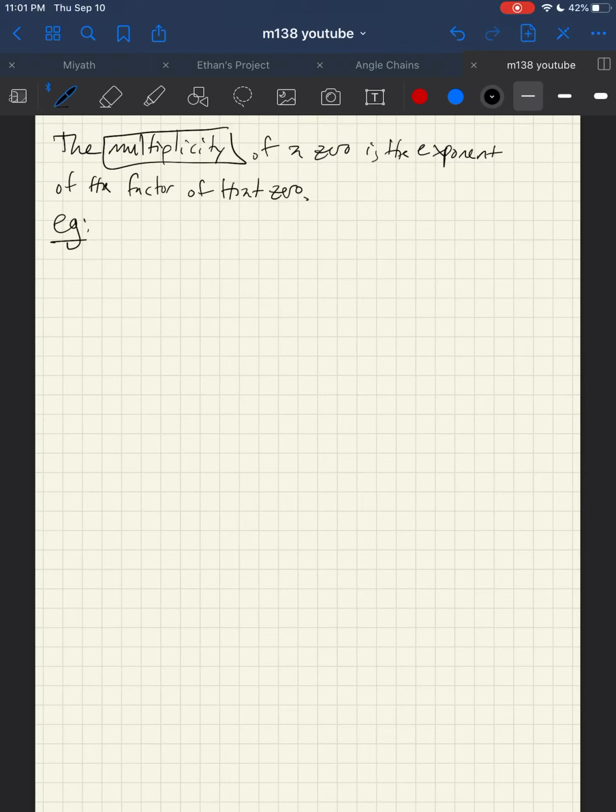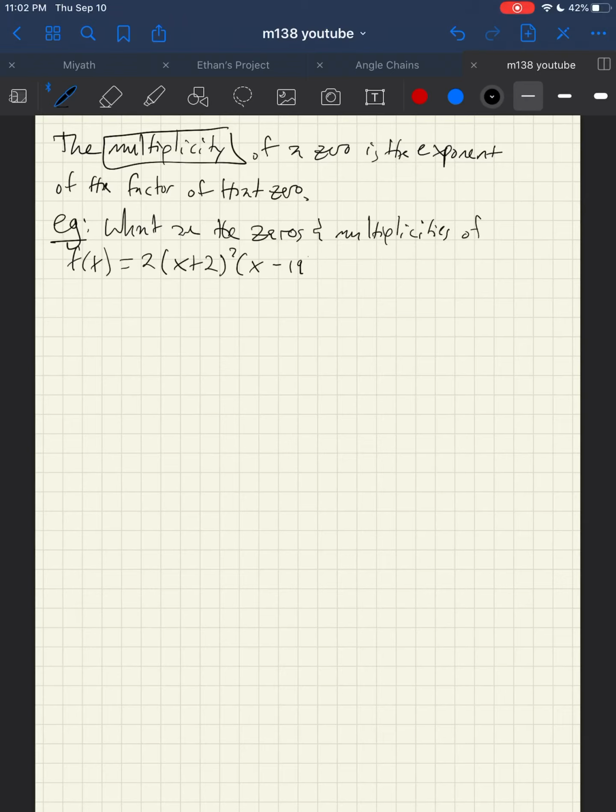All right, so now let's do an example of this. What are the zeros and multiplicities of f of x, which is 2 times x plus 2 to the 7th times x minus 19 to the 44th?